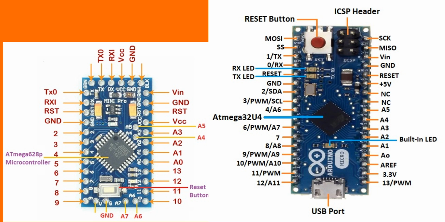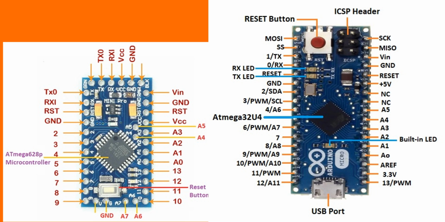On boards like the Due or MKR series, you will find 12-bit or higher resolution, offering more precise measurements. Analog pins are used to read sensor signals like potentiometers, temperature, and light sensors, and in most boards, analog pins can also be used as digital pins if needed.